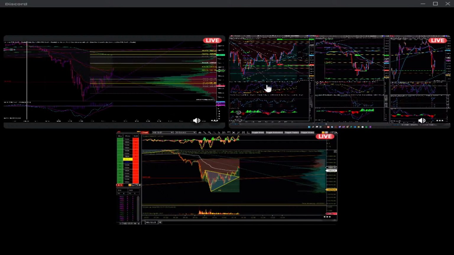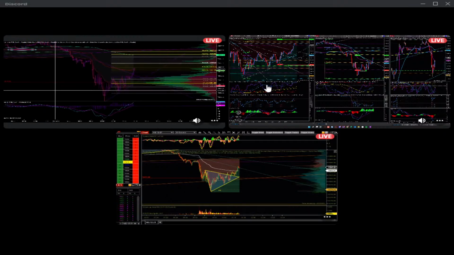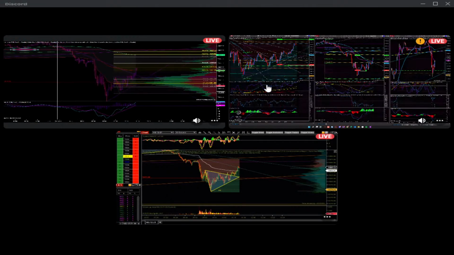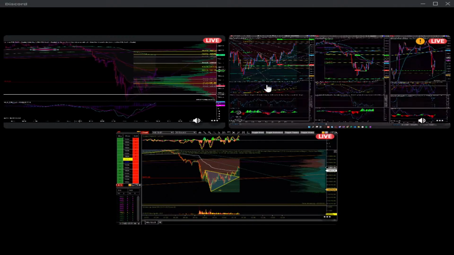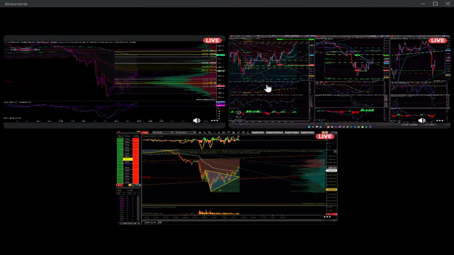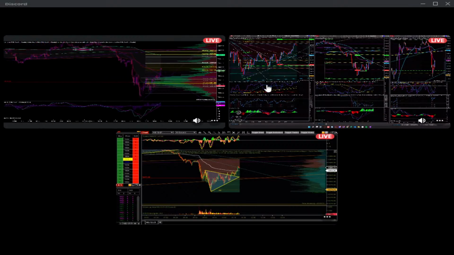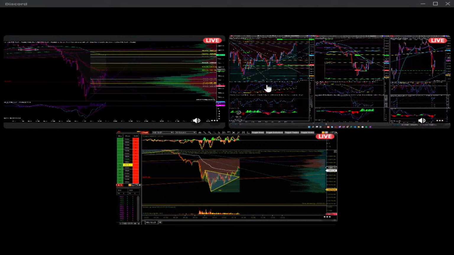Other than that, my scalps tend to be trend following scalps because they're easy to get a stop and profit on. And then, if we hit a key level on divergence, I'll do a reversion scalp. But the ones that I let run are ones that I have a line of sight to, a pattern or a setup.